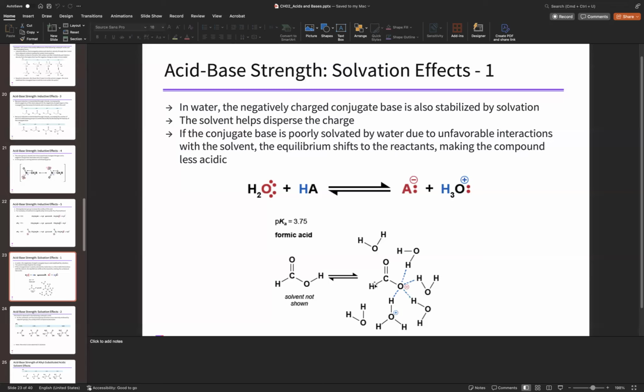And if it is getting stabilized as a conjugate base, then that makes it non-reactive. And if it is non-reactive, that means the acid can move or propel the equilibrium towards the forward direction and keep it there, thereby raising the Ka and lowering the pKa.